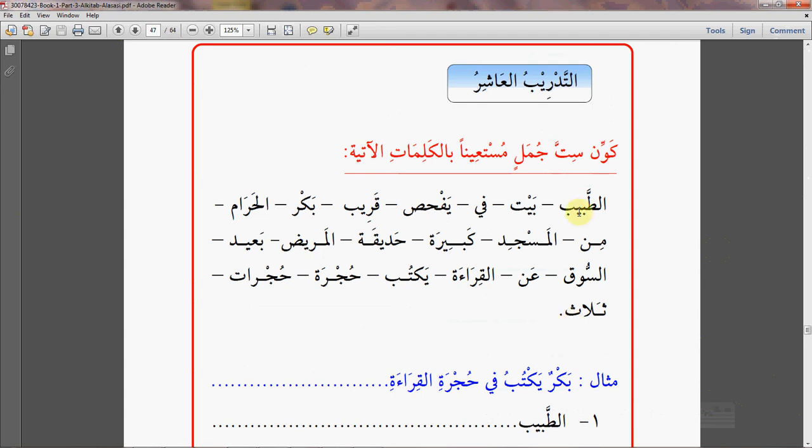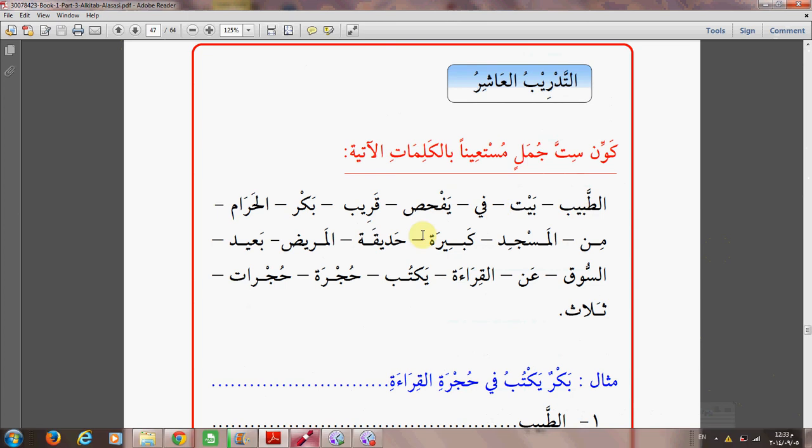Simply, if we take الطبيب, you try to pick words that make a useful sentence. For example, you can say الطبيب يفحص المريض. الطبيب يفحص المريض. Okay. Now بيت, we can say بيت بكر قريب من المسجد.